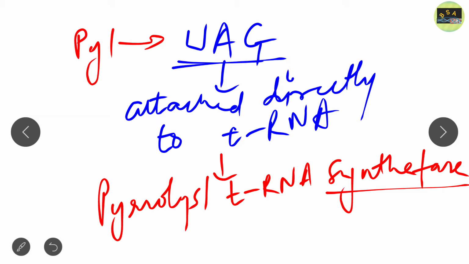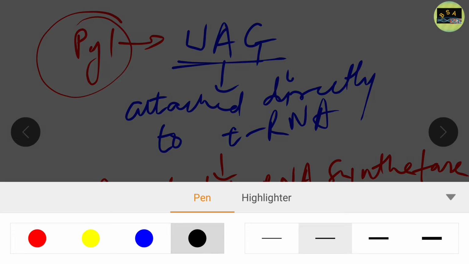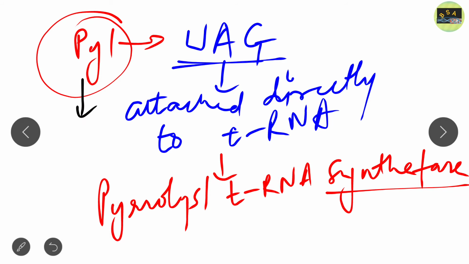So till now you got a clear idea. This methanogen produces pyrrolysine via a metabolic pathway that remains to be elucidated. We don't actually know how pyrrolysine is produced by this anaerobic archaea, but it is considered that pyrrolysine is produced by these methanogens via the metabolic pathway I discussed.